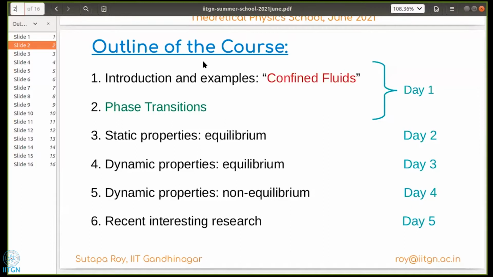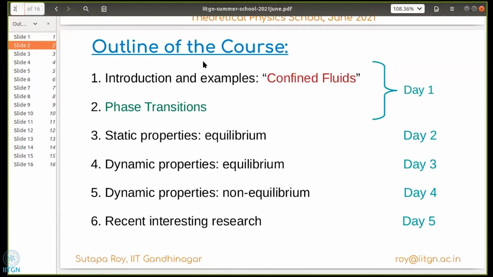Starting with those textbook topics, I'll lead you to the rather advanced part of the topic, which will be covered starting from tomorrow mainly. Finally, I'll lead you to the interesting new research activities which are going on in different scientific groups. That's the basic idea for the 5 days.